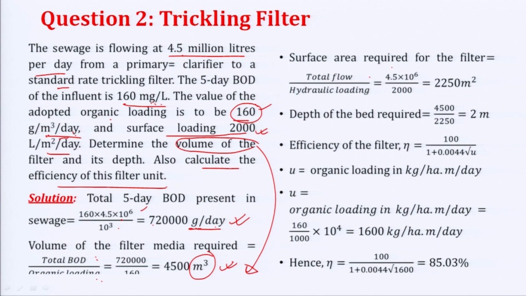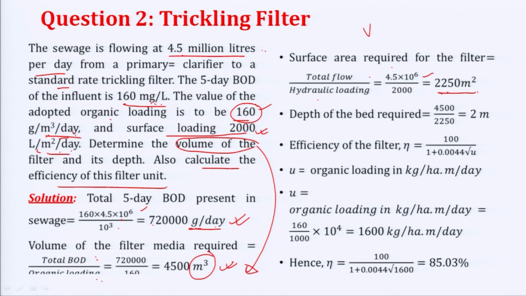Total flow is 4.5 million liters, divided by the surface loading of 2000 liters per meter square per day. So, 4.5 into 10 to the power 6 divided by 2000, you get 2250 meter square. This is the surface area.